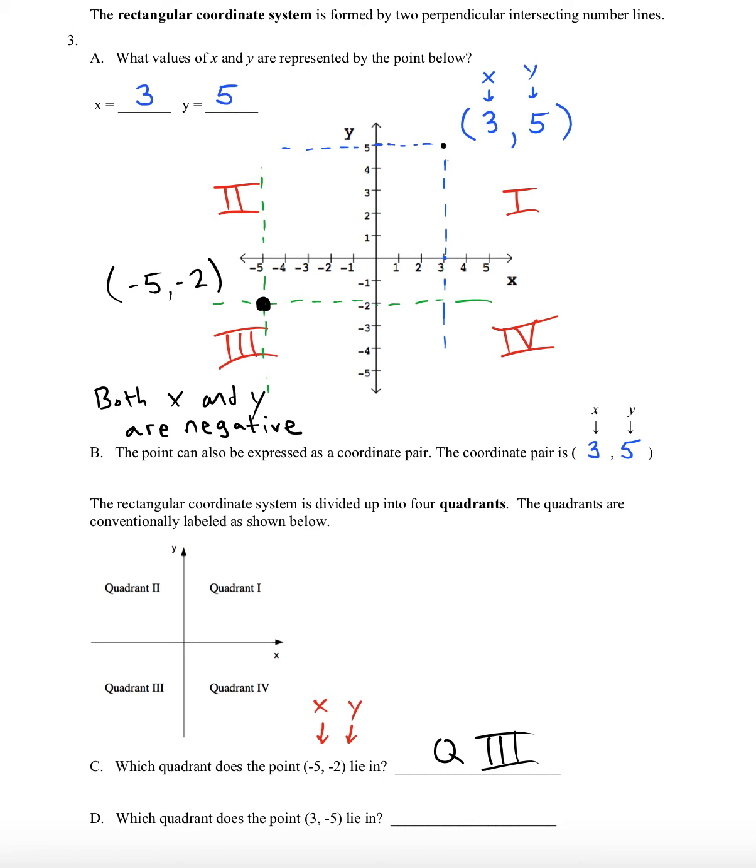Okay, in which quadrant does the point (3, -5) lie in? Go ahead and answer that one. Okay, so for this point, we've got a positive x and a negative y. So it can't be in quadrant 1 because in quadrant 1, both x and y are positive.